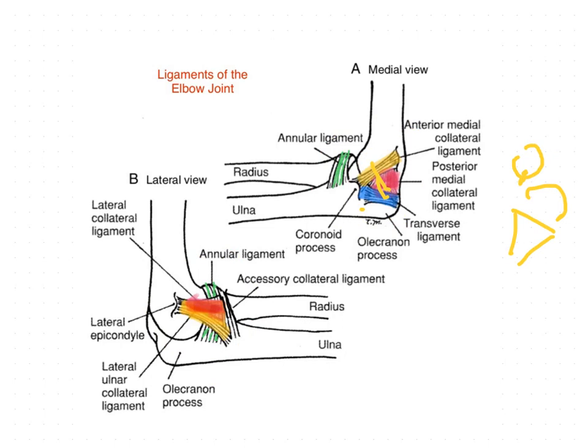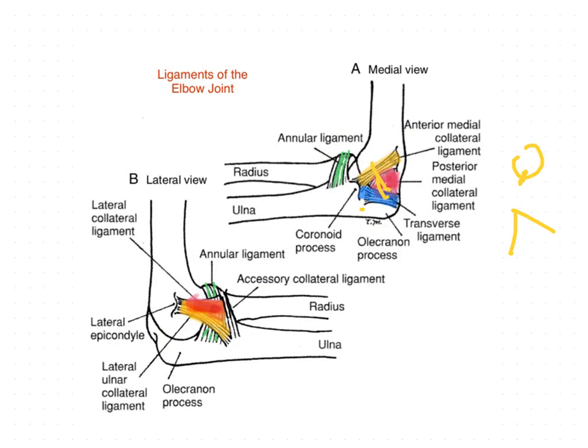So during this 20 to 120 degrees of elbow flexion, the stress is handled by this anterior bundle. That means it is the primary ligamentous restraint of valgus stress from 20 degrees to 120 degrees of elbow flexion.